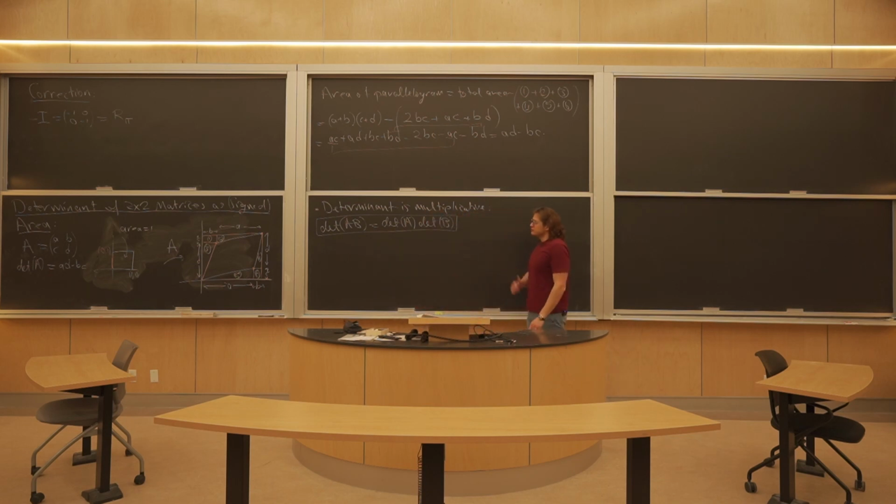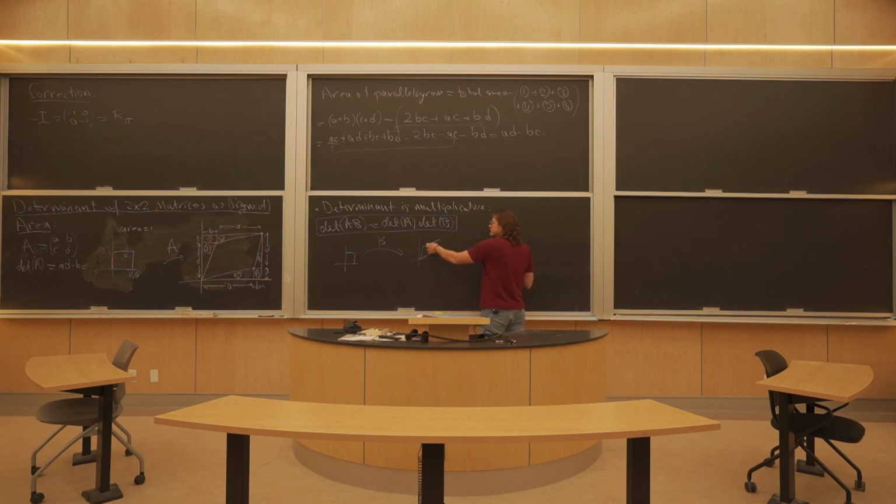And the heuristic behind this is this. I start, in this case, with the unit square. Then I apply B to it. So B takes this square to some other parallelogram. Something like this.